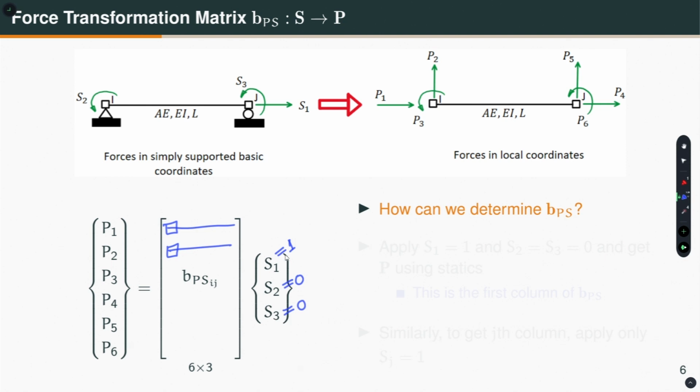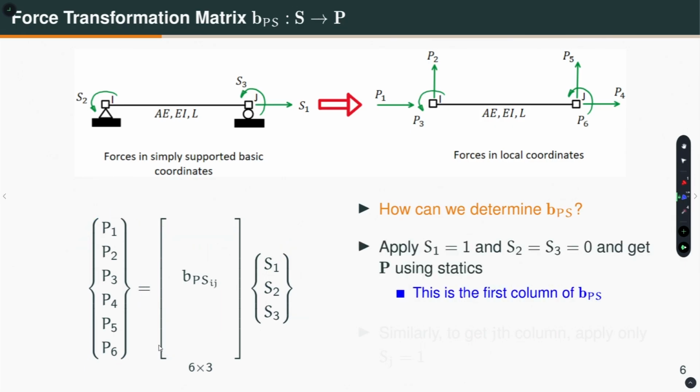So, if I apply S1 equal to 1, S2 equal to 0 and S3 equal to 0, I get the first column. That means, if I apply S1 equal to 1, S2 and S3 equal to 0 and determine this P vector, that will be the first column of my BPS matrix. Yes, that is what it is.